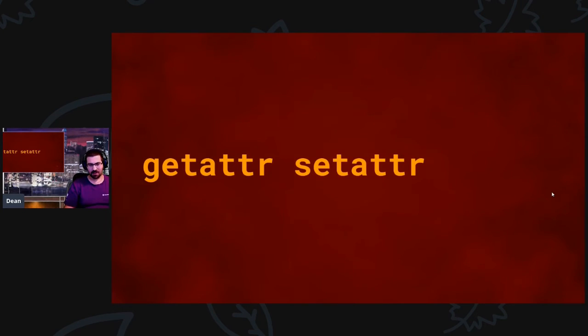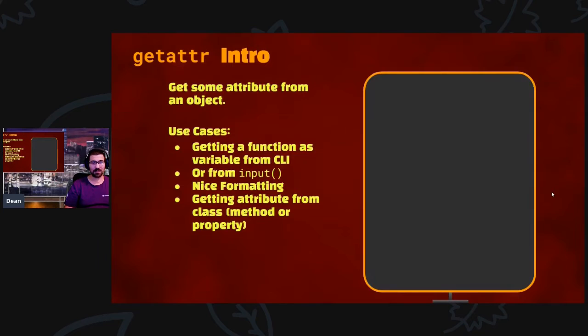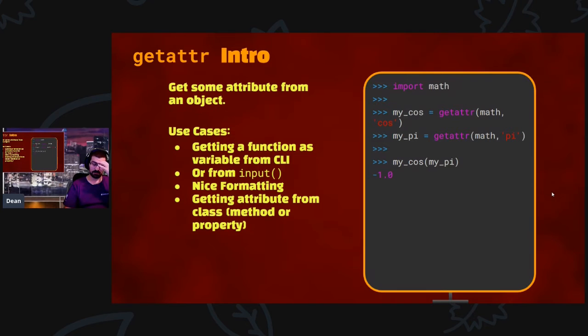For this, we have in Python two great functions, getattr and setattr. Basically, getattr is our way to get functions using strings. Where can we see that? Let's say we want to ask a user to run some function, and the user writes it maybe in an input box, or maybe they call it from a CLI, and we get a string called cosine.